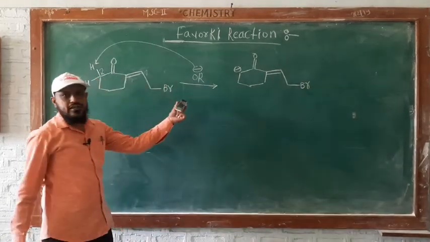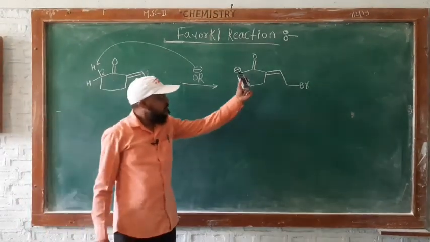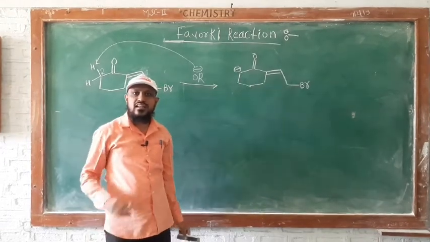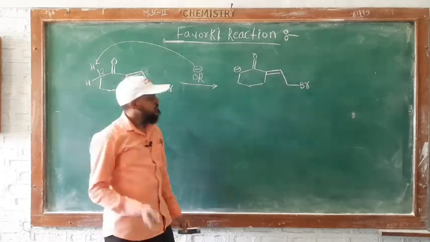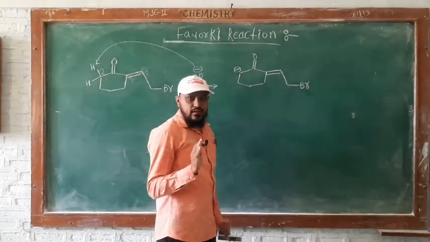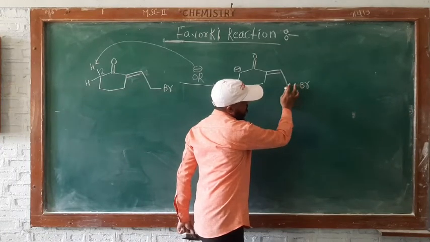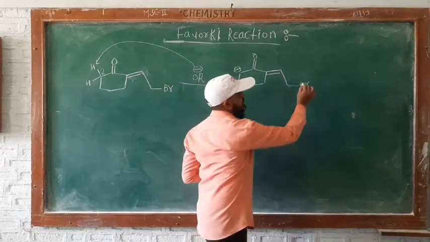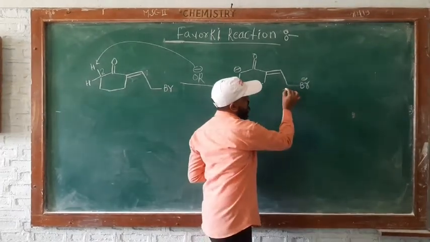Here deprotonation takes place by the use of the reagent alkoxide. After the formation of this intermediate product, we want to generate a cyclopropanone intermediate. It will be generated by the breaking of this bond. When we break this bond, bromine has more electronegativity, so it generates a negative charge and this carbon generates a positive charge.